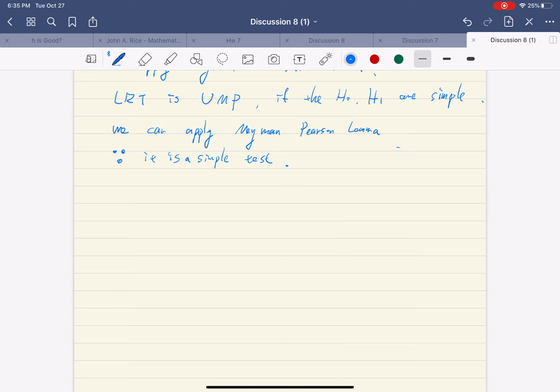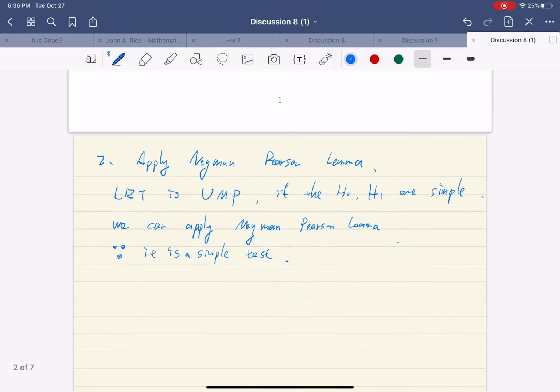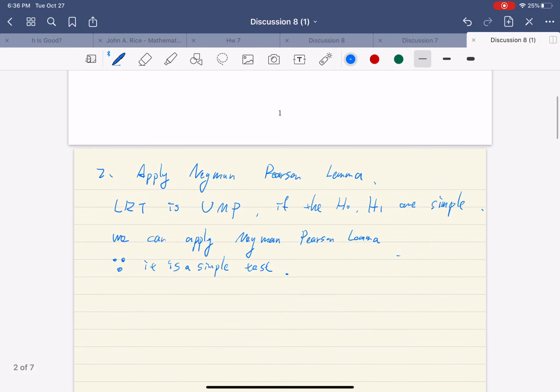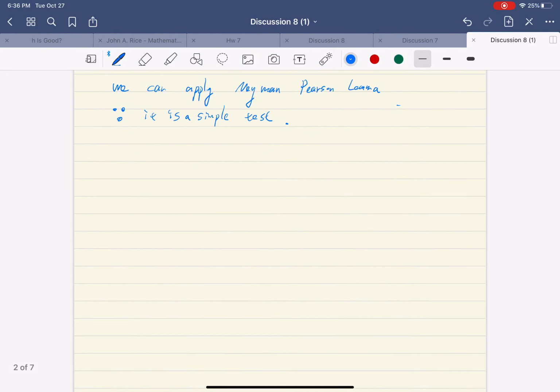So the rest of the question is how to find the power of the likelihood ratio test. Step 1, find the likelihood ratio test. So this is equal to the density under the null divided by the density under the alternative.